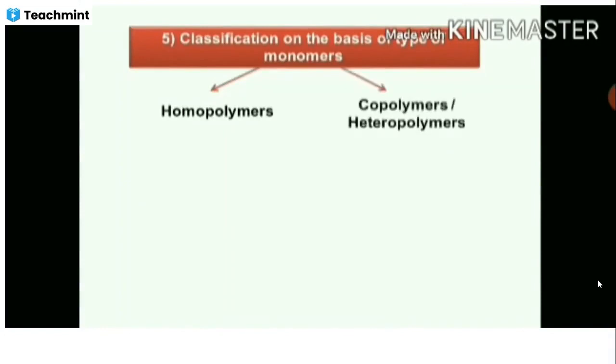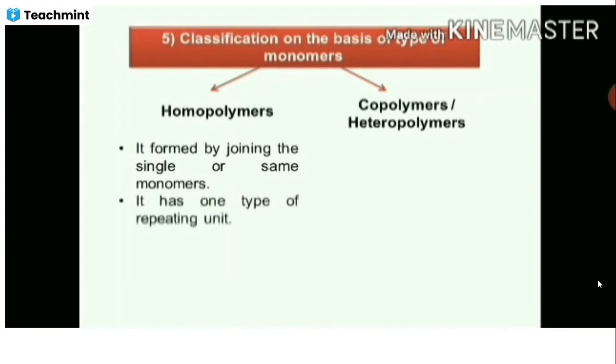Next, classification on the basis of type of monomers. It has two types, homopolymers and copolymers, also known as heteropolymers. Homopolymers are formed by joining single or the same monomers. They have one type of repeating unit.